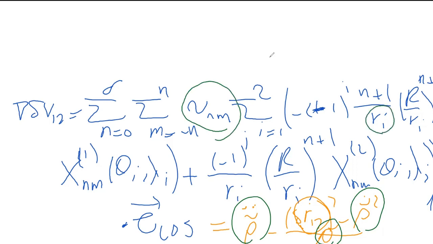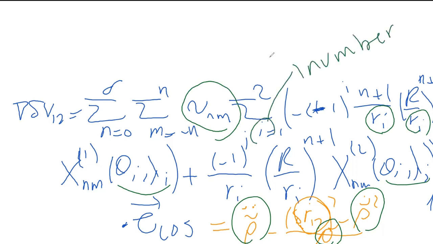R_i is the geocentric distance of the satellite, and theta i and lambda i are the latitude and longitude of the satellite, and i is the number of satellites. So we have two satellites.